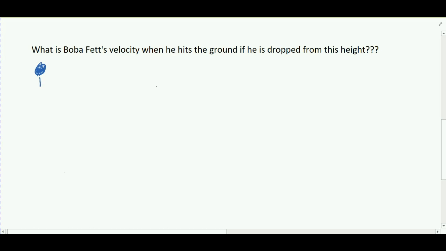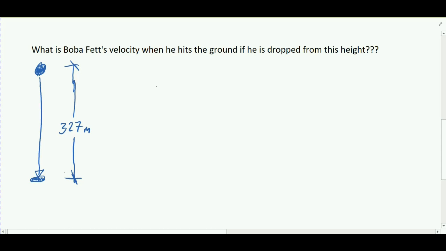He is dropped from that location, and he smacks the ground right here. 327 meters above the ground. Hopefully I will get better at using this sketch pad. But for now it's fine.